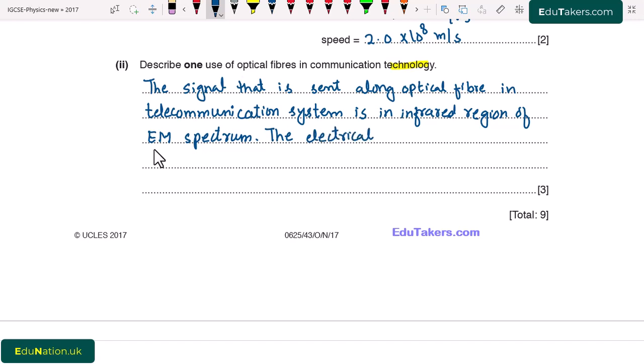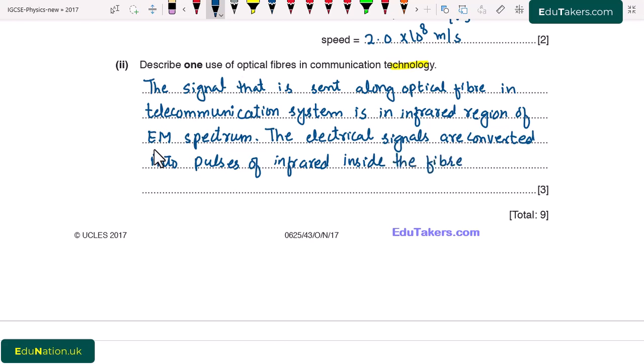The electrical signals are converted into pulses of infrared inside the fiber, which can be converted back into electrical signals.